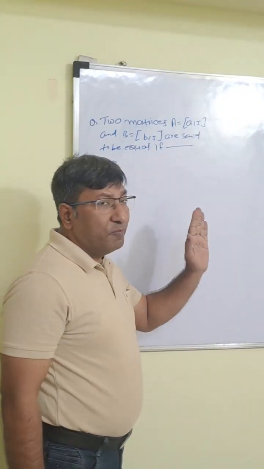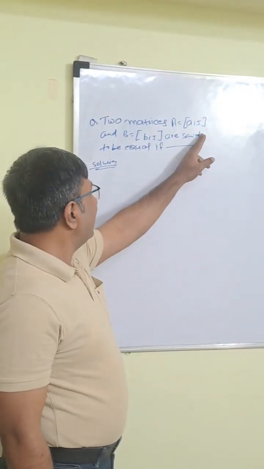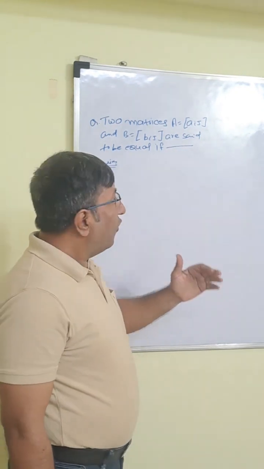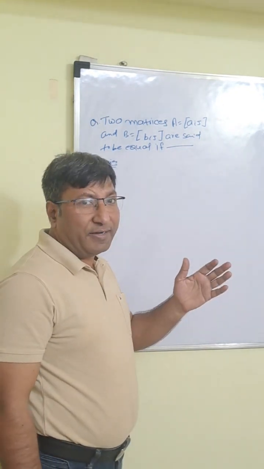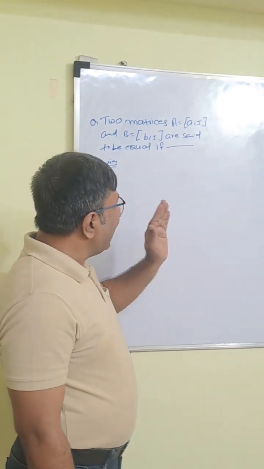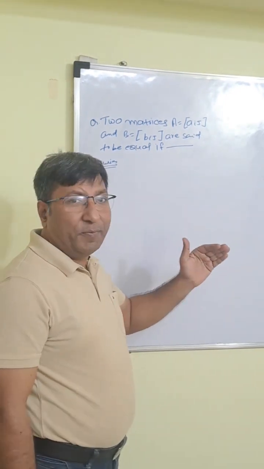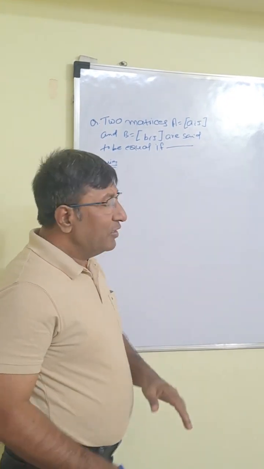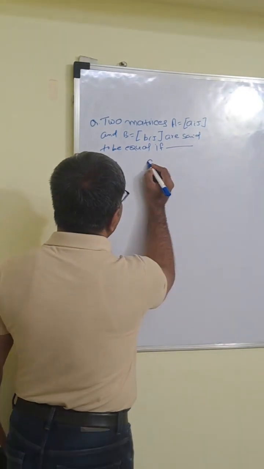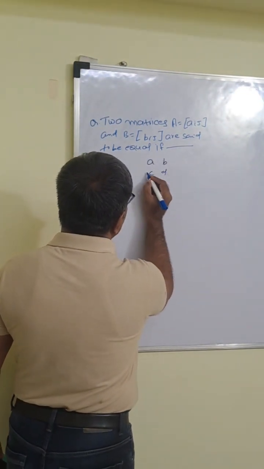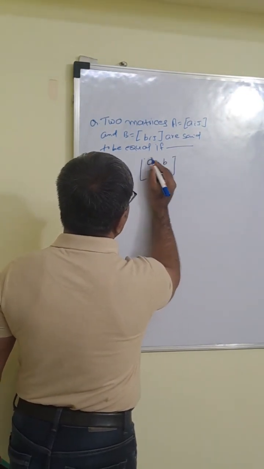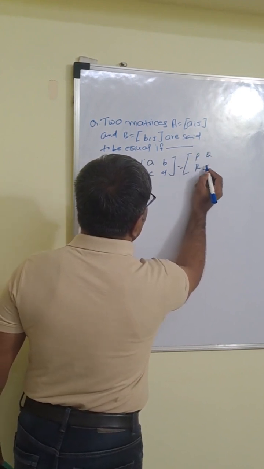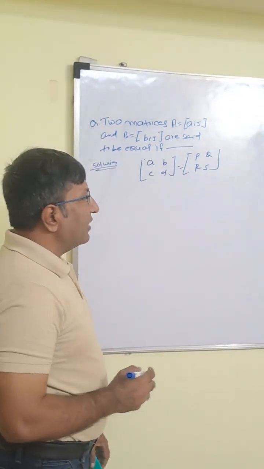Question is what? Two matrices A equal to Aij and B equal to Bij are said to be equal if. What is the condition for two matrices to be equal? Then correct answer is their order should be same and corresponding element will be same. So suppose this is matrix A, B, C, D and other matrix that is P, Q, R, S. So two matrices are suppose equal.